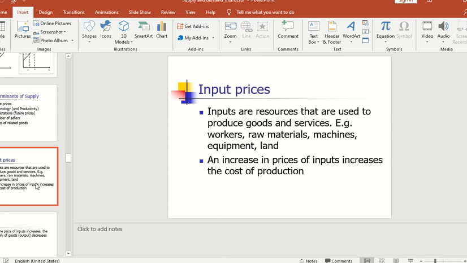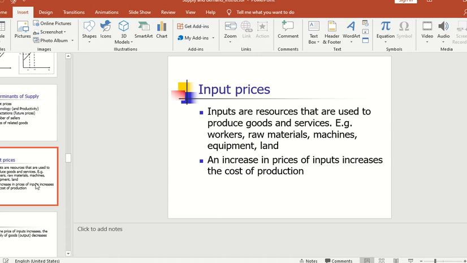For example, copper that goes into electronic appliances, cotton that goes into our clothes, grains that go into our food, poultry that goes into our food, and so on and so forth. And then there are capital goods such as machines, equipment, and so on.